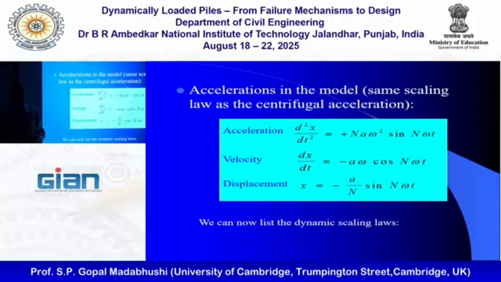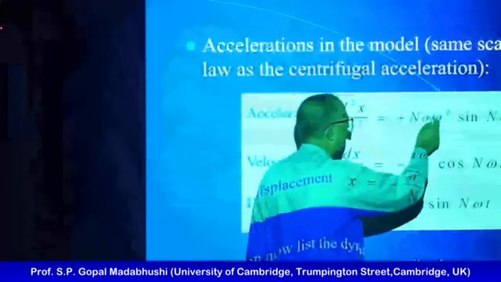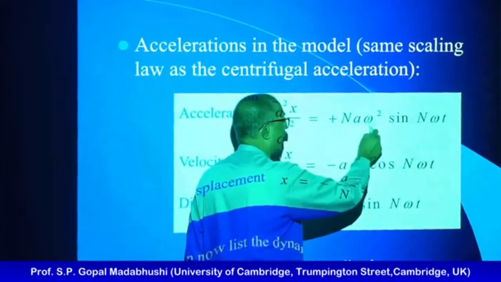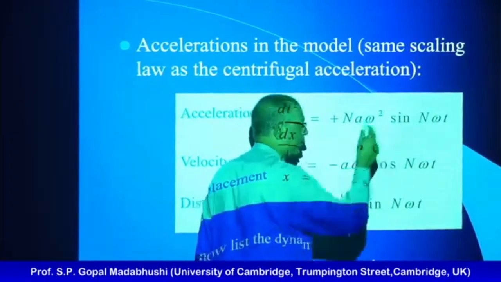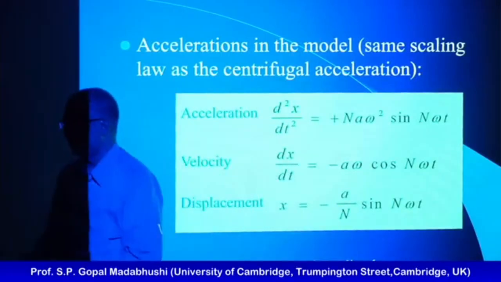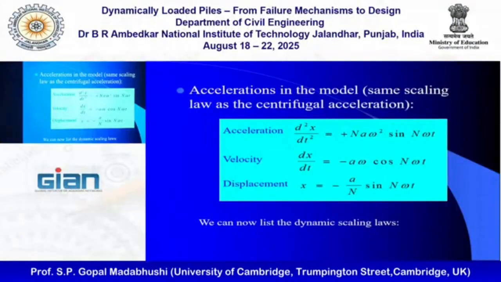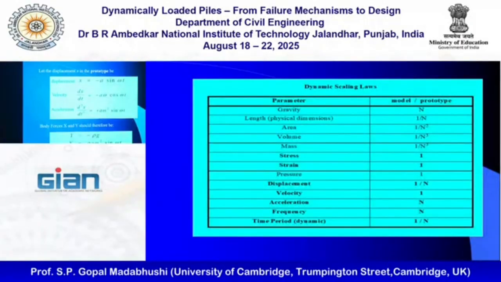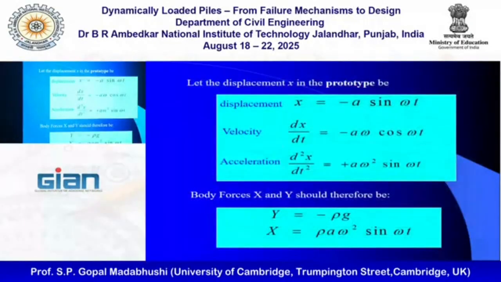That's not right, because acceleration is acceleration; you have to be consistent. So for the model scale, I need to increase my acceleration by a factor of n. So n A omega squared, and this sine n omega t. This acceleration magnitude is now n times bigger compared to what we had at the prototype scale, as it should be.